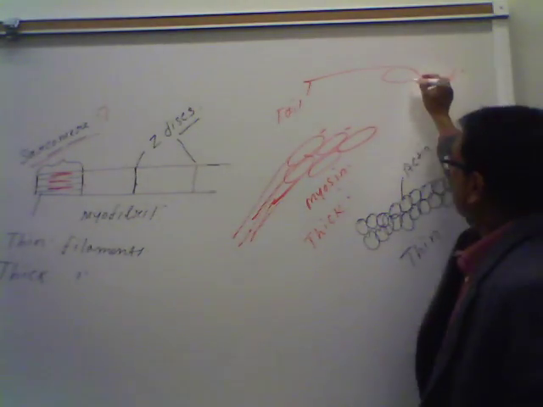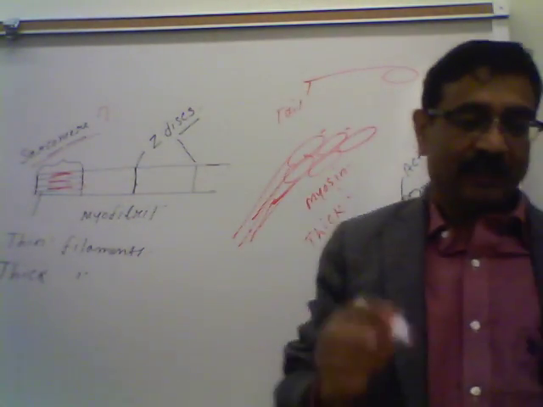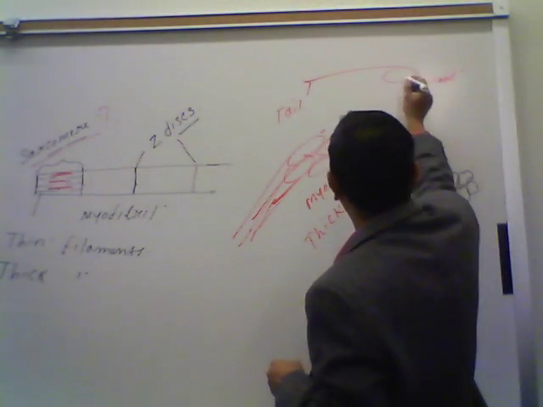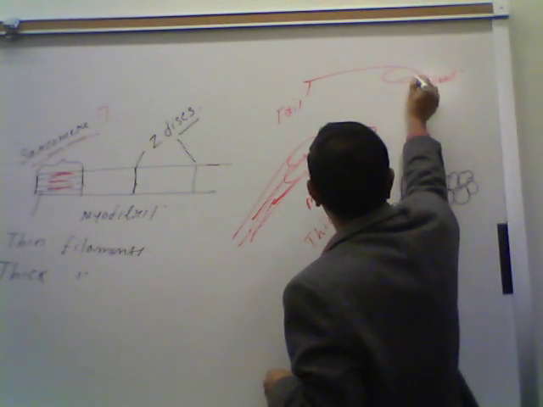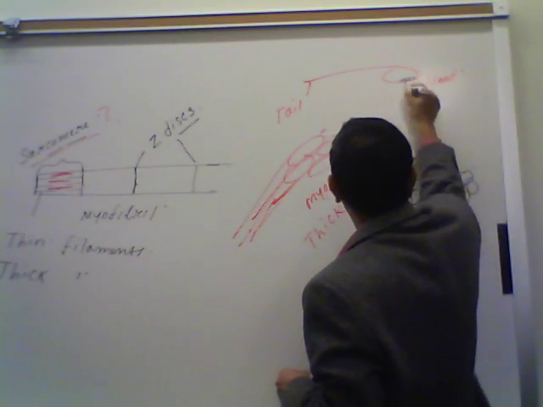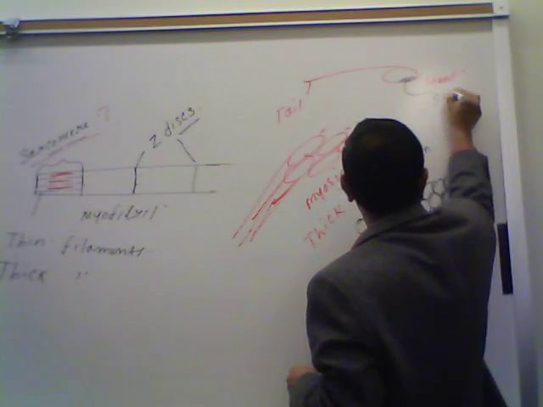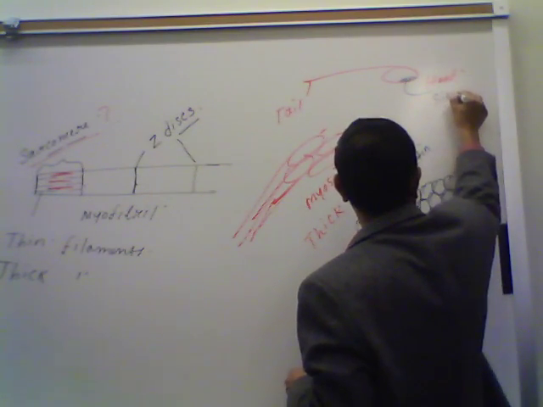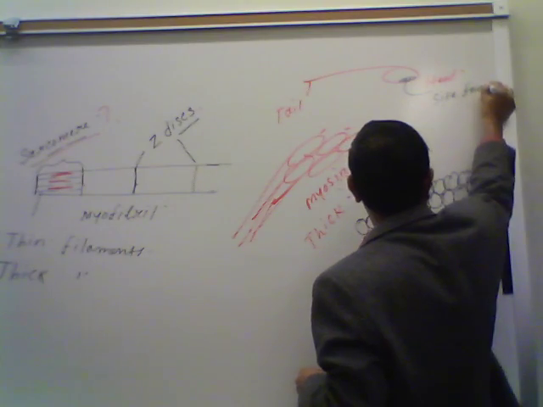Now, on the head of myosin you have binding sites. One binding site is here, that is the site for actin.